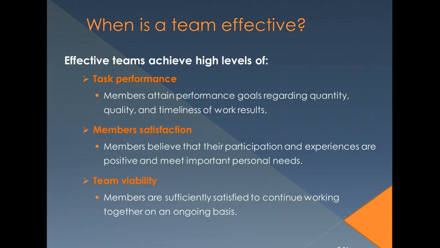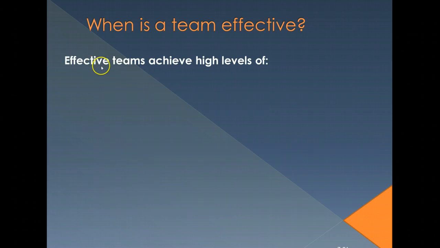Such a team has an all-important long-term performance potential. So if they're successful in the first task they perform, this might be a viable team to continue in the future.